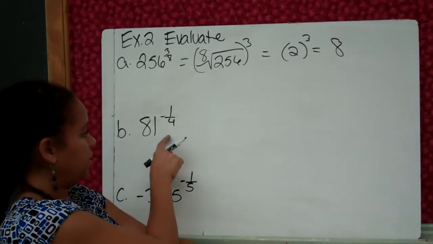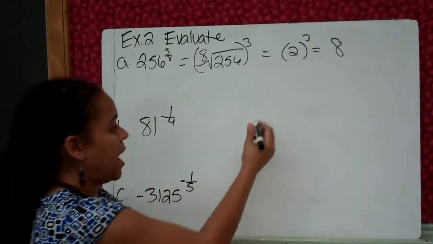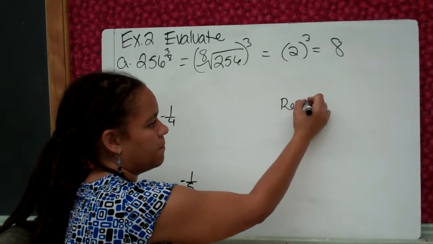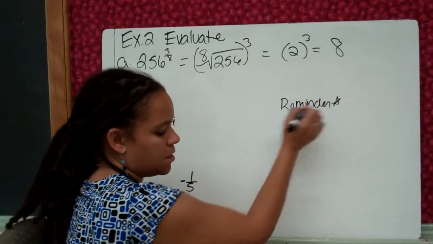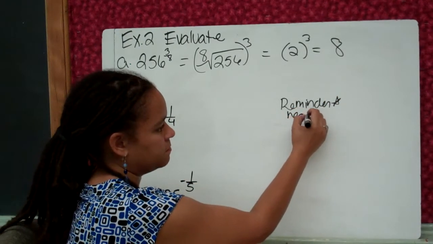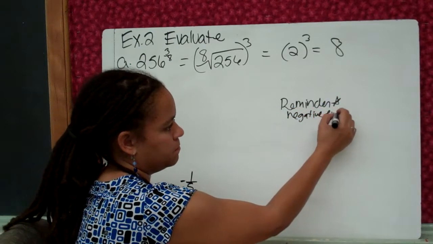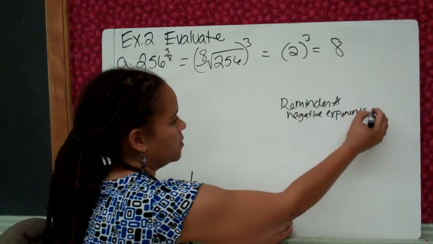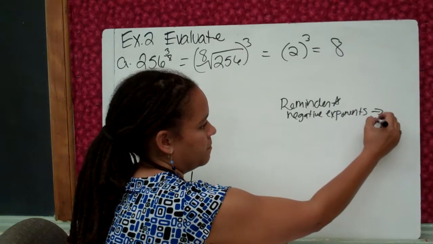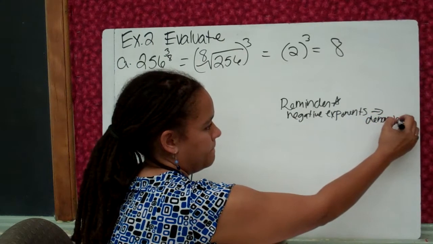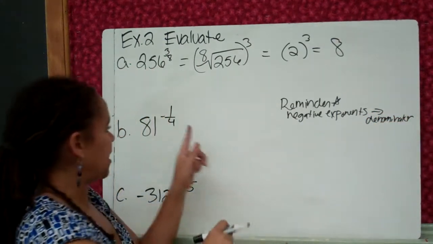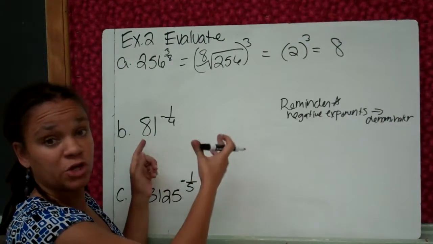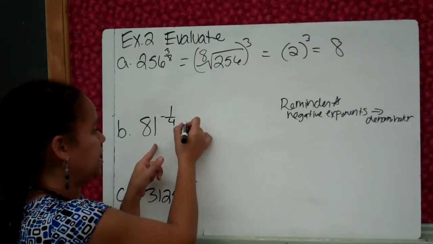All right, how about 81 to the -1/4? Reminder, we haven't done this in a while. Negative exponents go to the denominator. So if you have a negative exponent here, we're going to change that and put it into the denominator to take care of it.